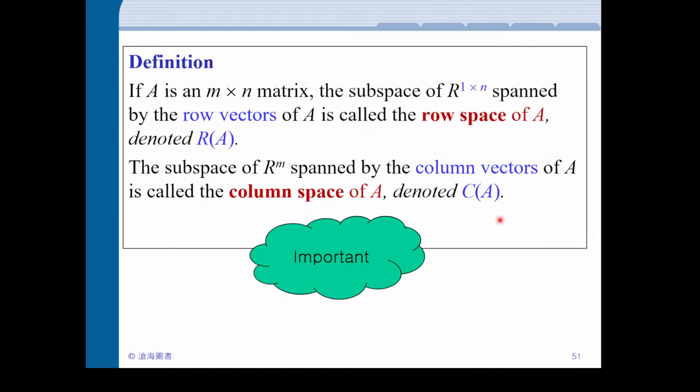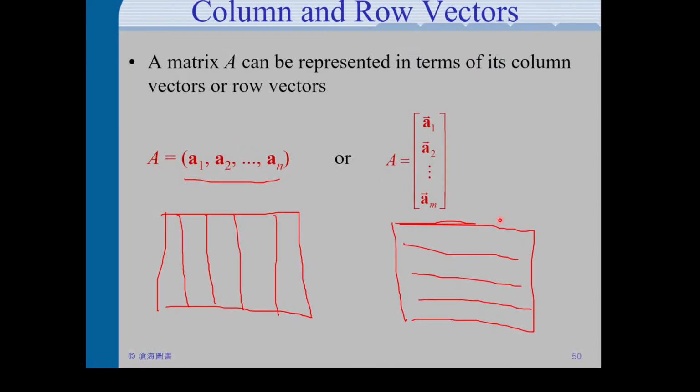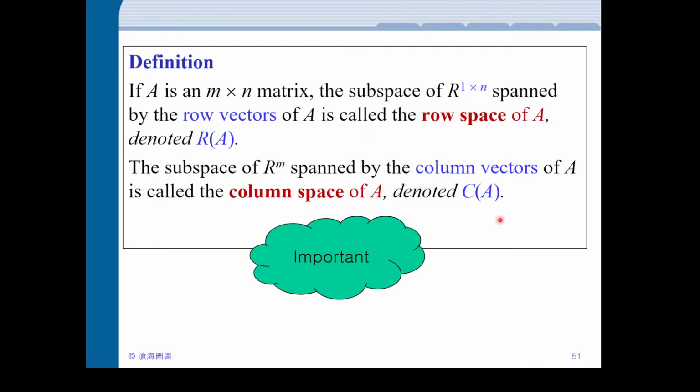And here are the definitions. We have those row vectors and column vectors, then we can define spaces. We can think about the space spanned by those row vectors, and that will be the row space. Here it should really highlight the span.